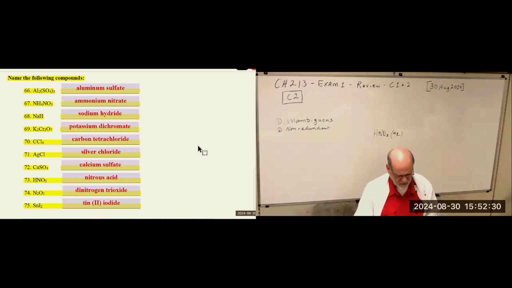And then the last one, tin, is not a transition metal, but it's one of those that does have multiple charges. Right? Tin is in the carbon family, but it's down below that heavy line, which means it's in the metal region. So that metal is either a +2 or a +4.